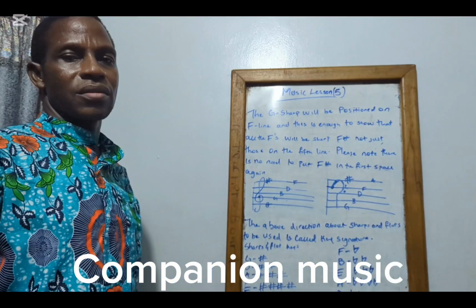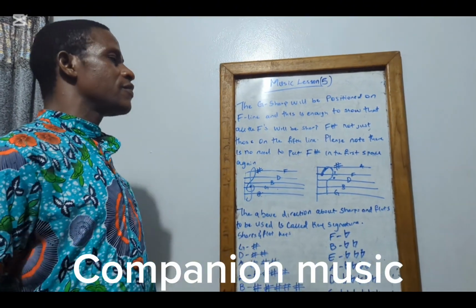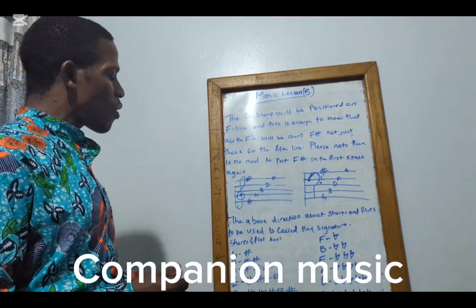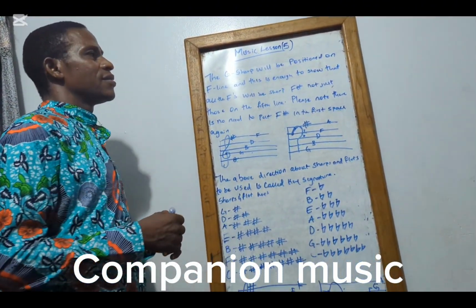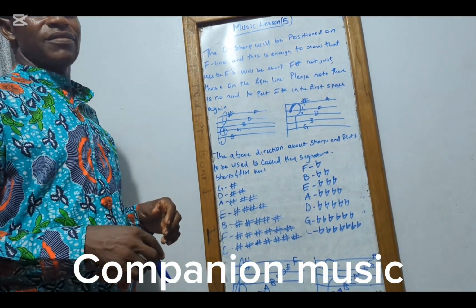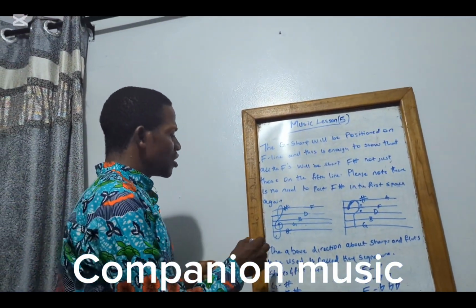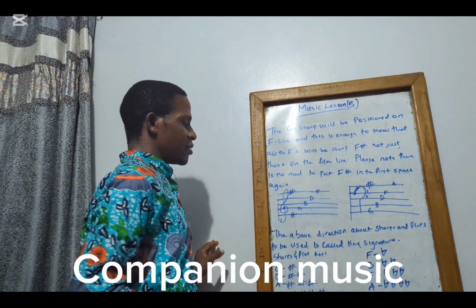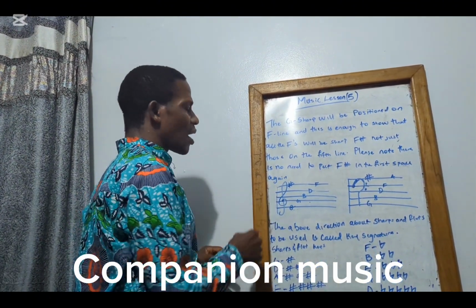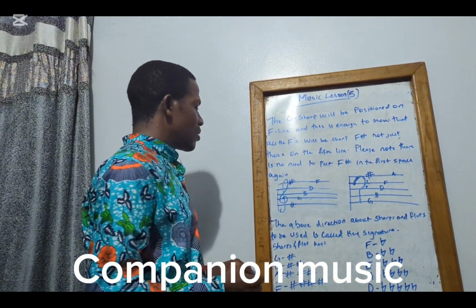Now there is a reason for us to know why we call the treble clef the G clef as well. This is the treble clef, which is this sign, and at the same time we call it the G clef.